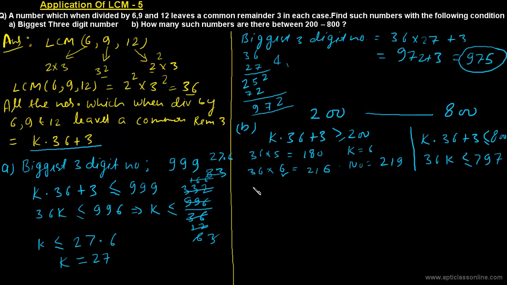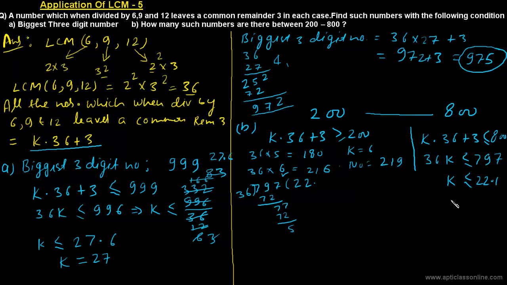We divide 797 by 36. 36 2s are 72, here we are getting 77, then again 36 2s are 72, then 5 or something. So the value of k will be less than or equal to 22 point something.